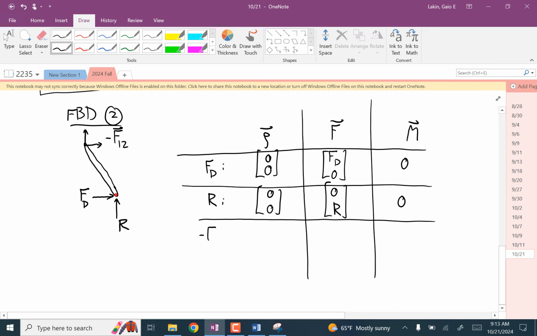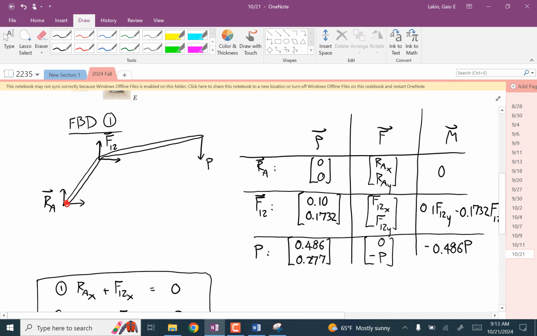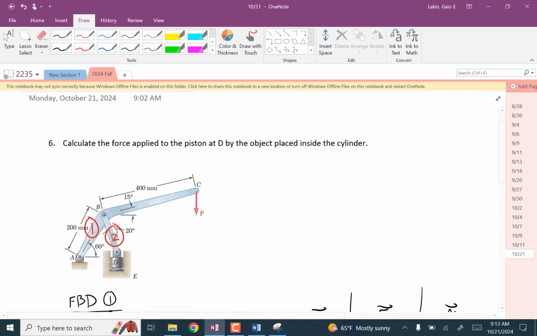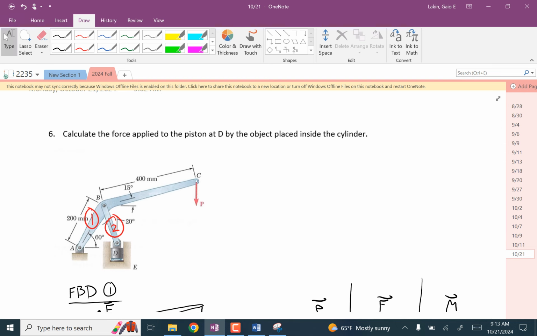And then negative F12, what's the length of this thing? It does not tell us. Well, we know that, let's see, what do we need here?